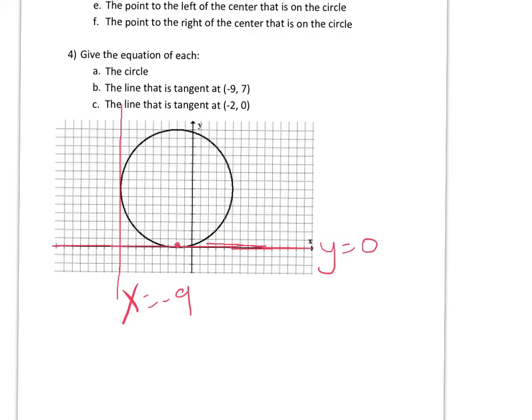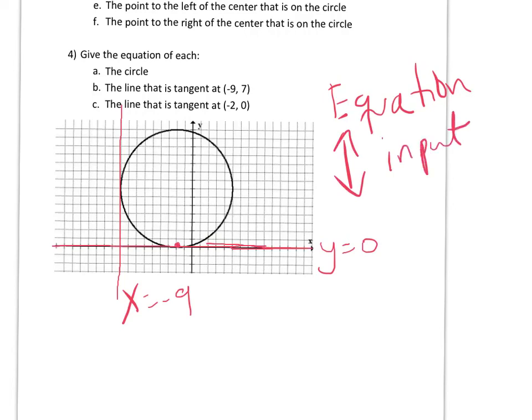And so when you're looking for the equation of a vertical line, you want to look at the input. The input will help you find the equation of a vertical line, and the output can help you find the equation of a horizontal line.